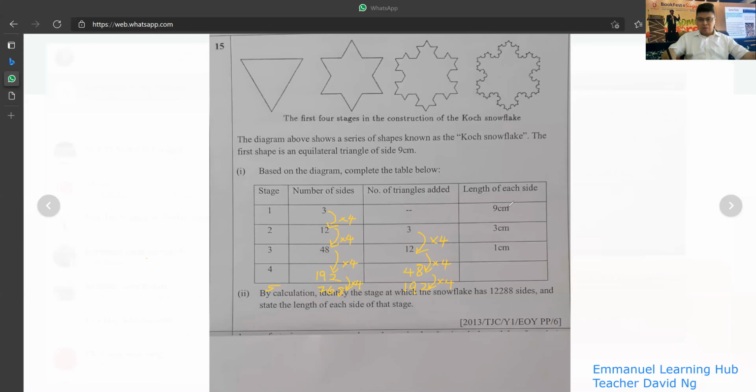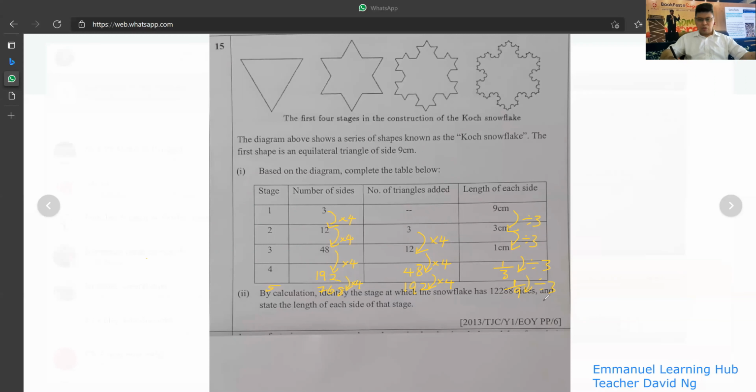And here you have 9, 3, 1. They divide by 3. So 1 divided by 3 is 1/3. 1/3 divided by 3 again is 1/9. Okay, so we generate one more row of data.